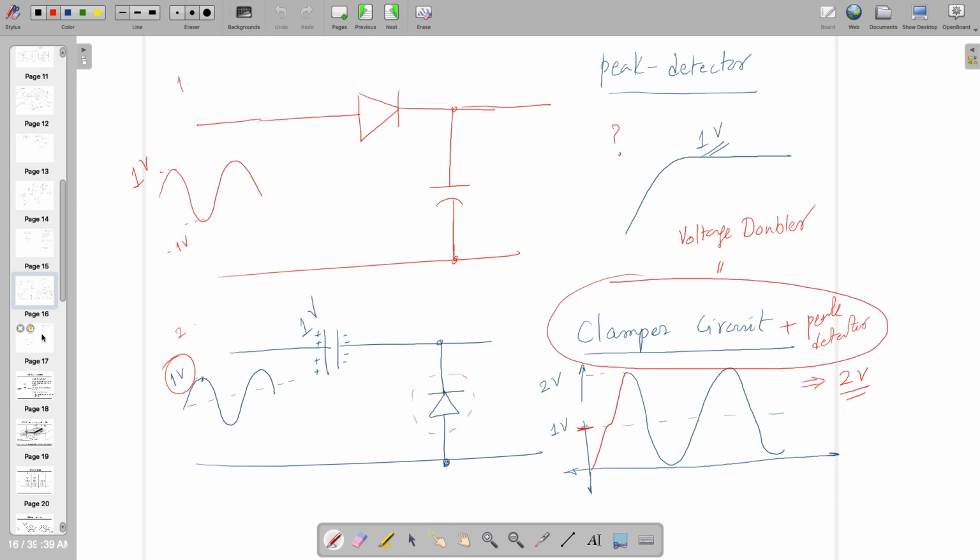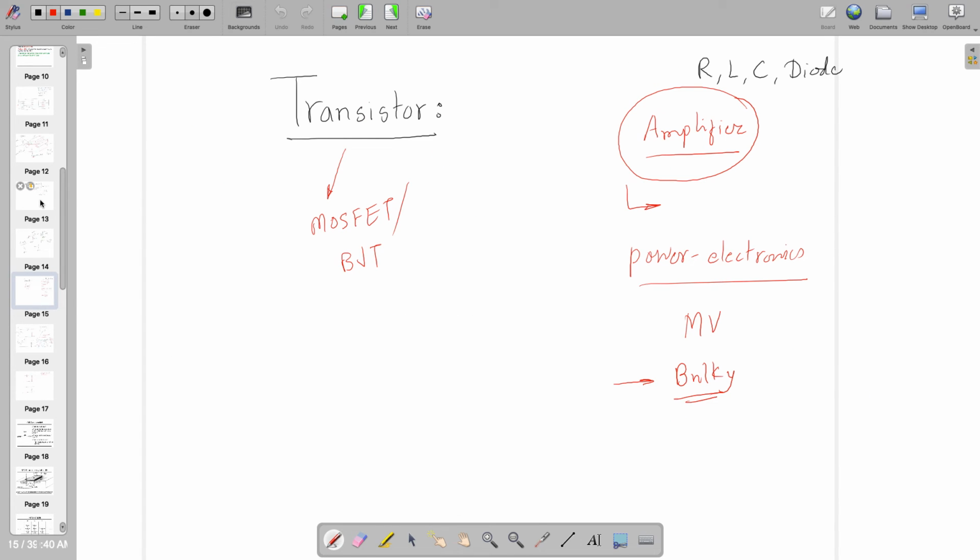Okay. So this was one of the applications of transistor, that we want to amplify with a smaller size circuit. But what is another application of this transistor? As I told you, this technology called CMOS became very popular in the case of digital.